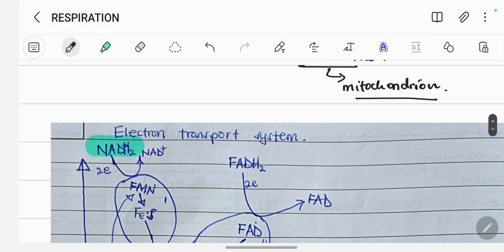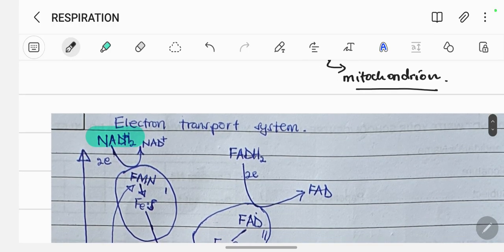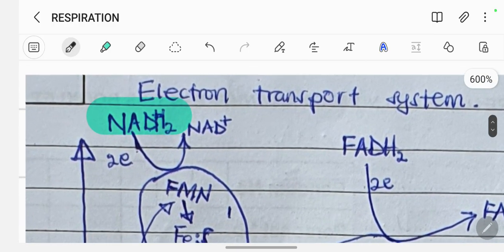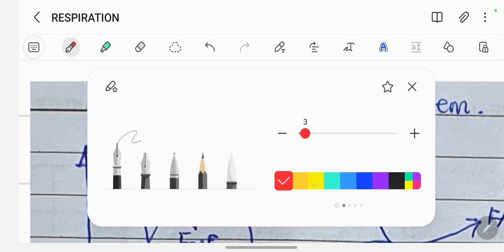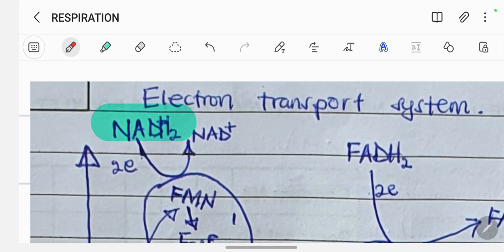The NAD is going to move from our glycolysis as well, because we have some production of reduced NAD there.